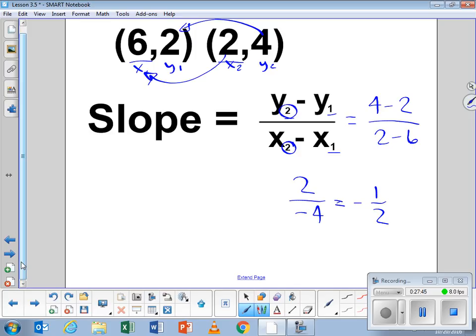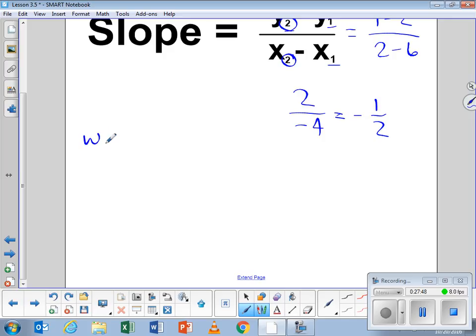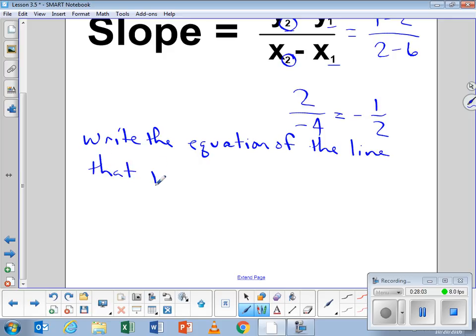So the question really is asking, write the equation of the line that passes through the given points. That's what the book is going to ask you. And then they're going to give you 2 points. The first thing you're going to have to do with those 2 points is find the slope, which we already did, didn't we?